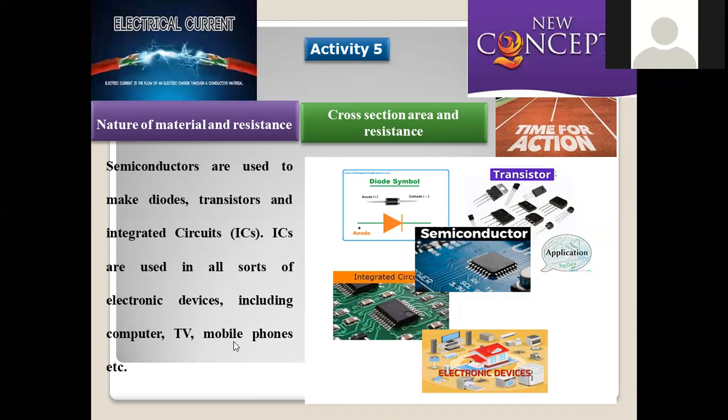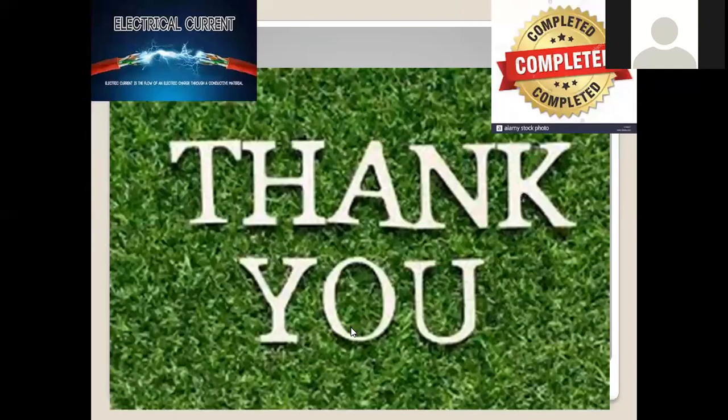You may take televisions, computer screens, mobile phones, smart gadgets, whatever we take, all are embedded with these integrated circuit materials. These are the applications of semiconductors, which have in-between properties when compared to insulators and conducting materials. By this, we completed the session.